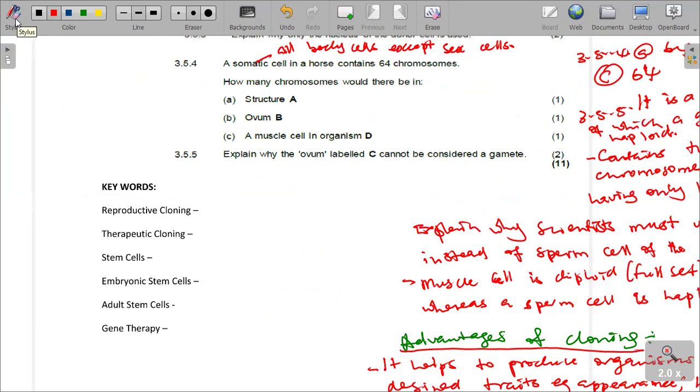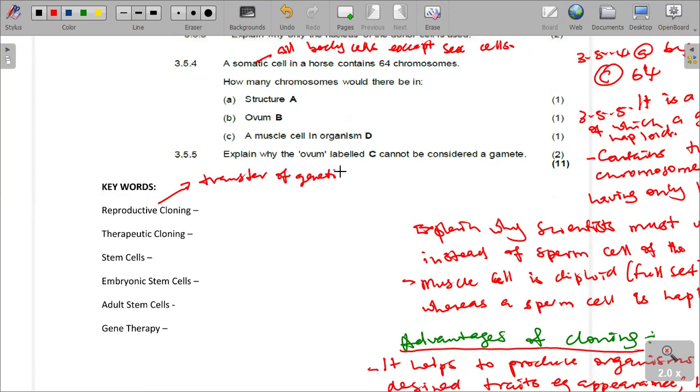Like I've been saying in the beginning, it is the transfer of genetic material of an adult cell to an egg cell where the genetic information has been removed to produce a cloned animal. Reproductive cloning is similar to the scenario that we've been discussing right now.